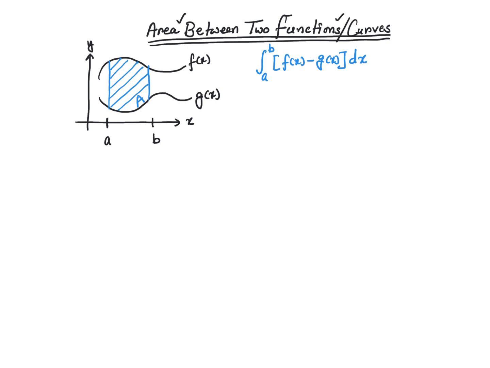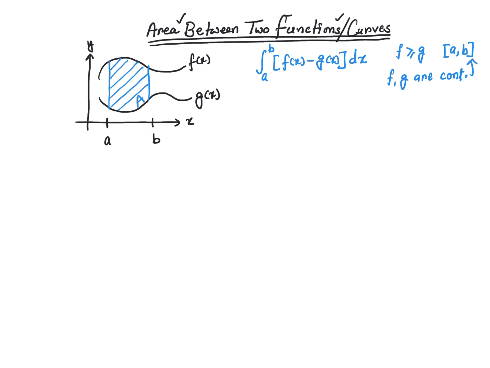Now let's look at a couple of assumptions I have made, which you probably guessed already. One is that f is greater than or equal to g for all x in this interval a, b. That's one assumption. It's obvious from the diagram here. And also f and g are continuous on that closed interval.